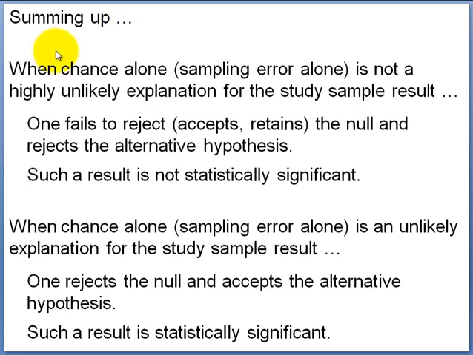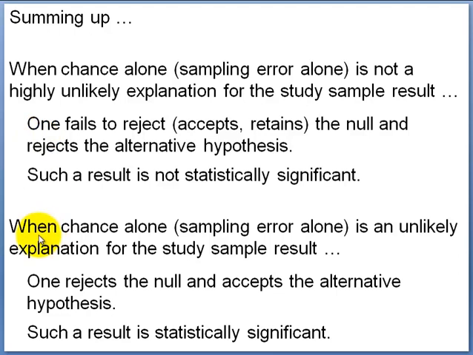And to sum up what's been a big chapter, when chance alone, which is to say sampling error alone, is not a highly unlikely explanation for the study sample result, we fail to reject, which is to say retain, the null, and we reject the alternative. Such a result is not statistically significant.